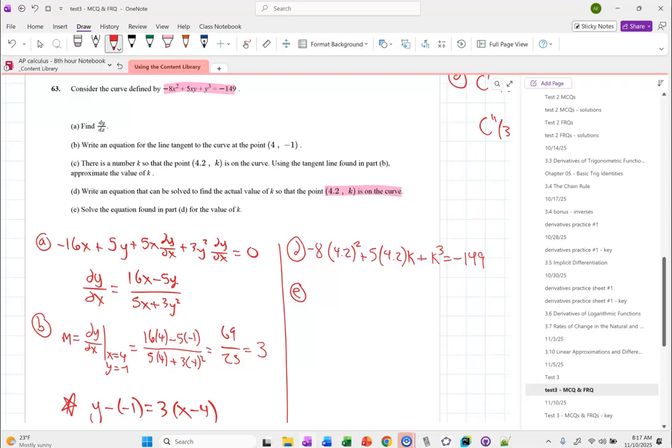Now I'm looking at this equation that I have to solve for k, and I do not like what I see. Why don't I like what I see here? What type of polynomial is it? It's a cubic. How many terms does the polynomial have? 3, right?